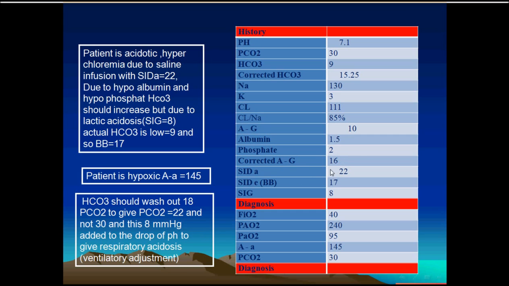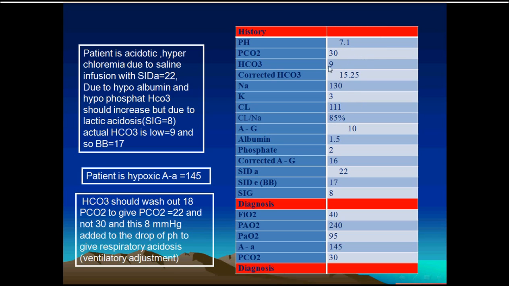So if you take it from this point, this patient has a high anion gap. This is 16 instead of being 12, or this is 10 instead of being 7. So this is high anion gap metabolic acidosis. This is due to lactic acidosis.